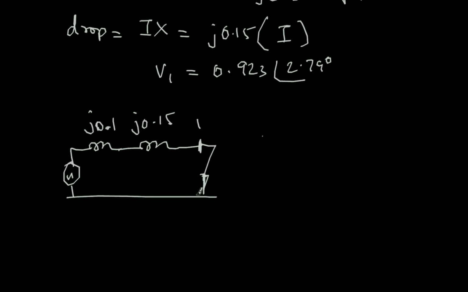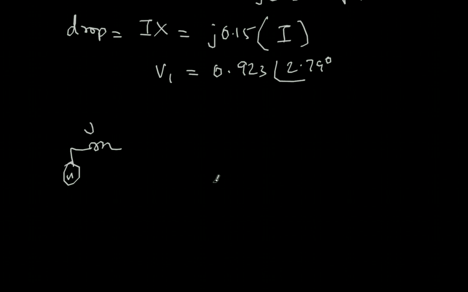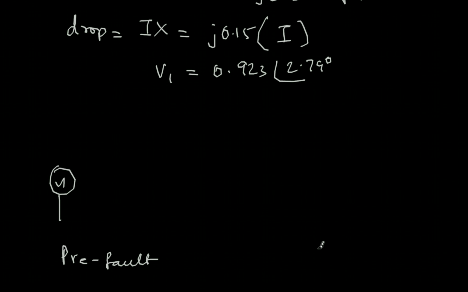I think this is the time to explain the logic of Thevenin's equivalent. What we do is, I'll take two circuits. One circuit is like this: this is the pre-fault circuit, and the other is the post-fault circuit. The pre-fault circuit is like this.